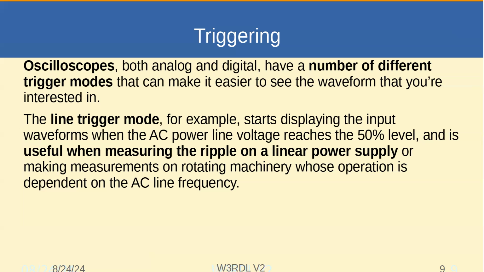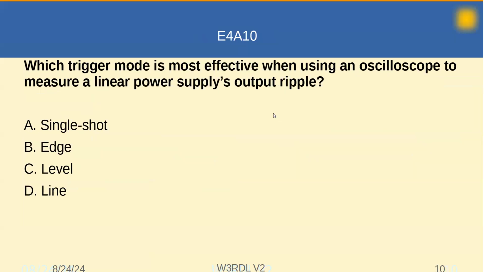So in this case, line trigger mode would allow you to sync up on that because it's going to be at the same frequency. It's a long way to go for one question. Which trigger mode is most effective when using an oscilloscope to measure a linear power supply's output ripple? Delta.